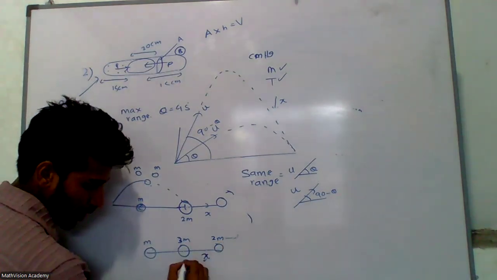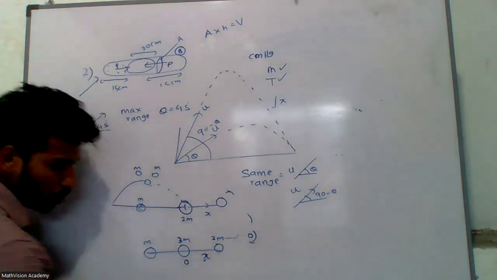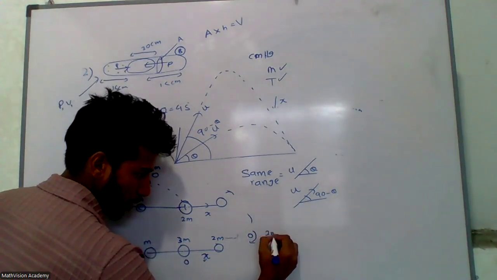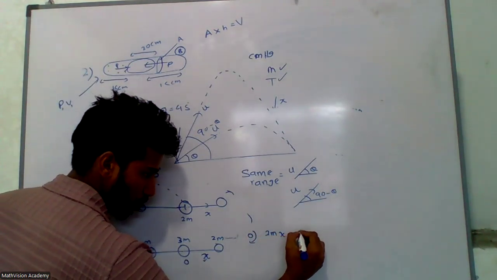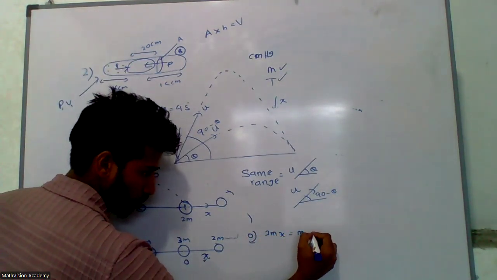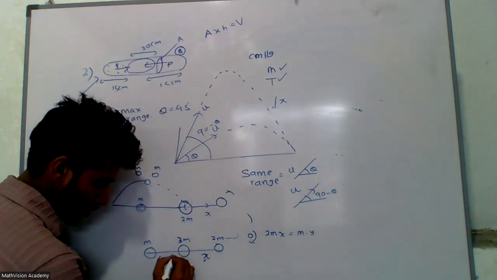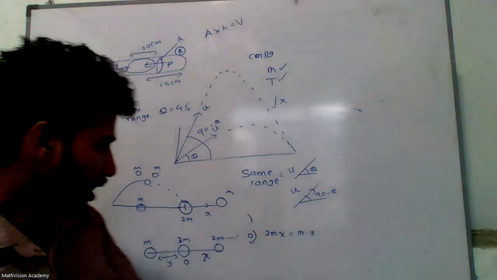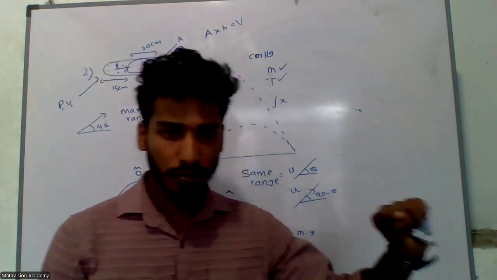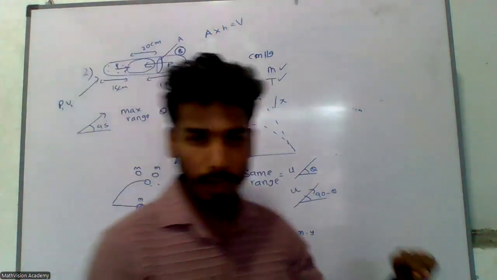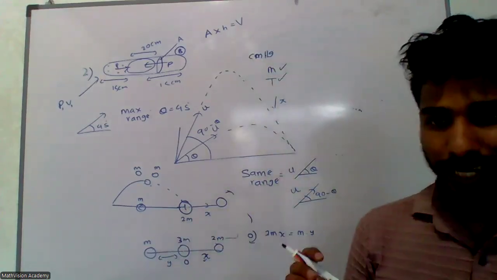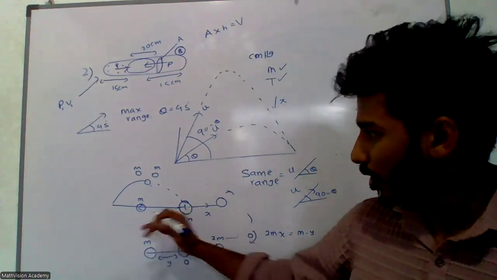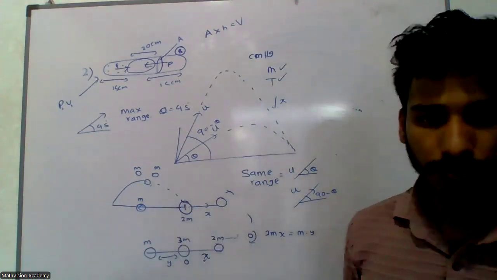Like taking moment, okay? Moment about O. 2m into x is equal to m into, we don't know the distance, so you have to find y. So I'll discuss them in the mechanics division. For now, remember this for your projectile, okay? These are the questions where you don't need the angle, and for this you don't need the velocity even. Okay?